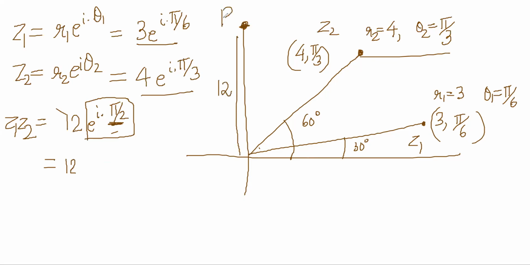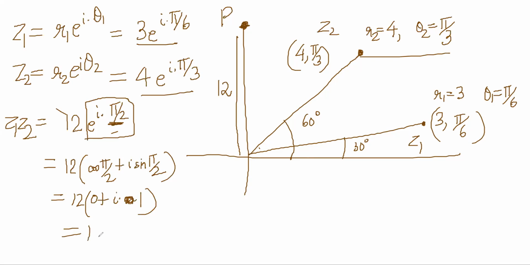This is the final point, by the way. You can write it as 12 times (cos pi by 2 plus i sin pi by 2), which makes it 12 times (0 plus i times 1). So the answer is 12i. e power i pi by 2 is basically i.